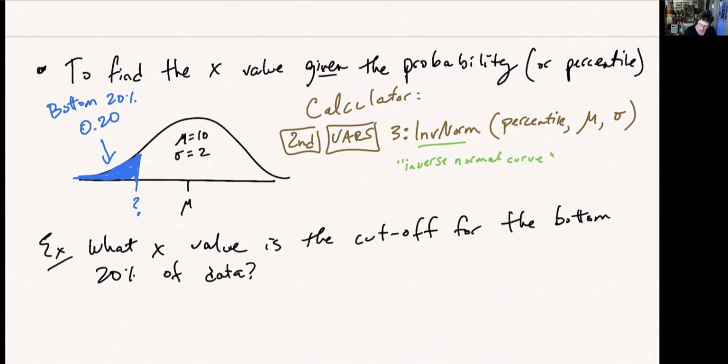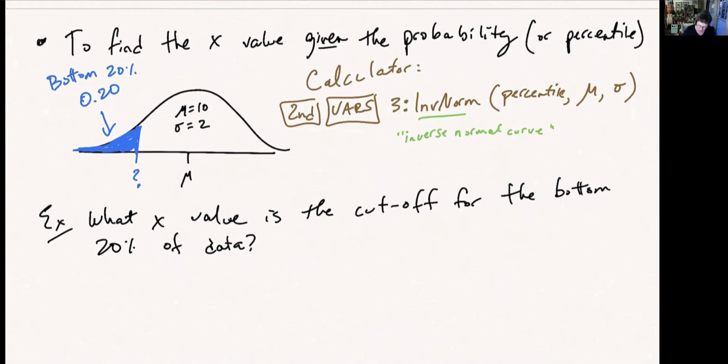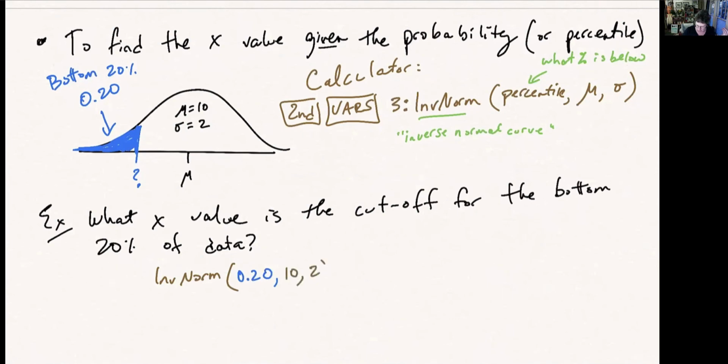So what we would put in our calculator is inverse norm, the percentile. Now remember, percentile is everything that lies below it. What percent is below? But as a decimal, always as a decimal. We only talk in percentages; we compute in decimals. In this case, what's below is that 20%, so I'm going to put 0.20. Then the mean, 10, and the standard deviation, 2.